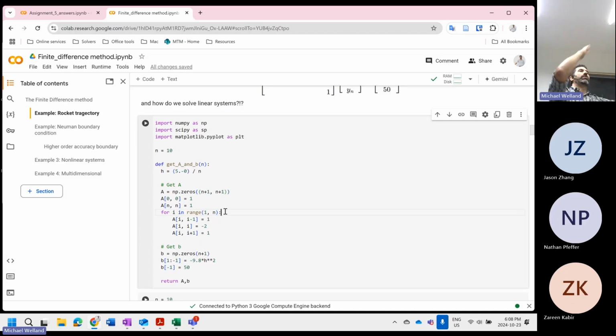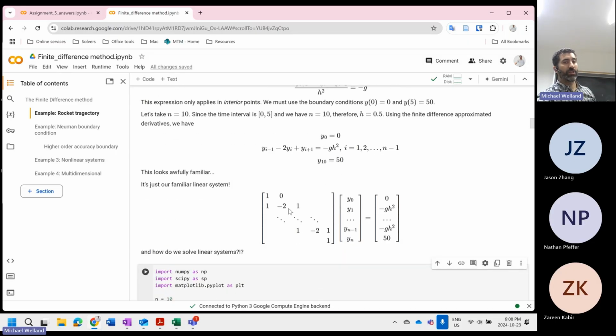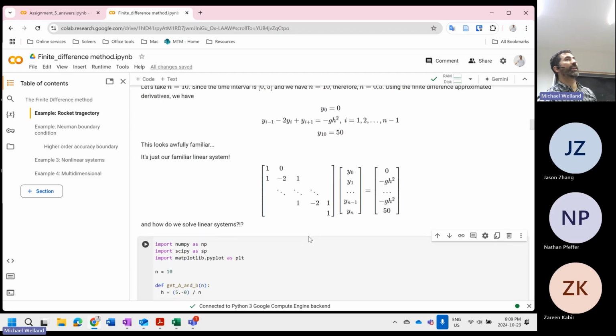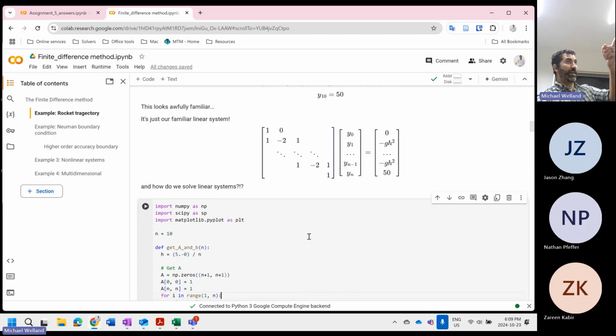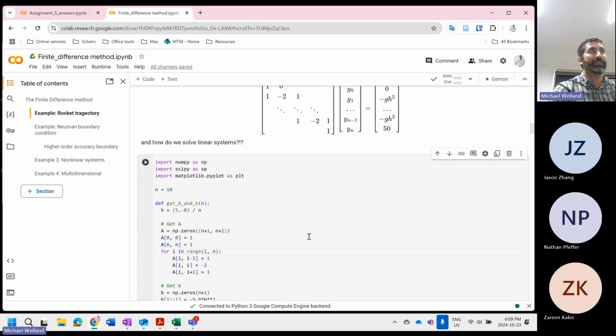You're basically just applying that stencil from the finite difference to that matrix to build it up. That's how this works. You get -2 along the diagonal because of this term. You get 1 from this one, y i minus 1, and y i plus 1, you get another 1 over here. Everything else is 0, which should already raise some bells.